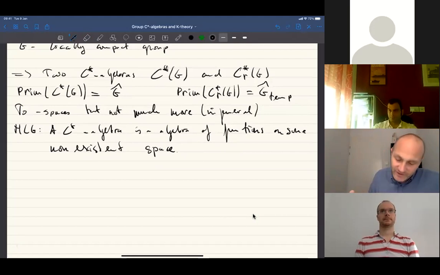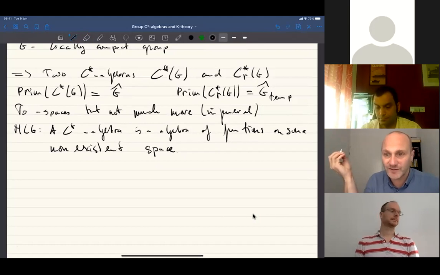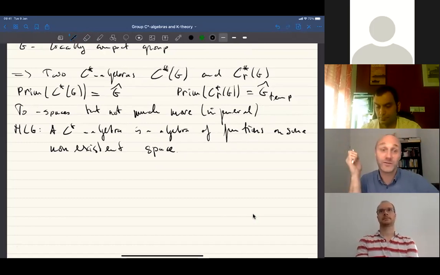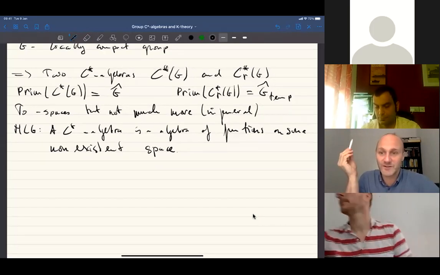And so instead of studying this primitive ideal spectrum directly, we're going to study the C-star algebra C-star G, and in particular C-star reduced of G. And we will say that its non-commutative algebraic topology will hopefully tell us something about this tempered dual.